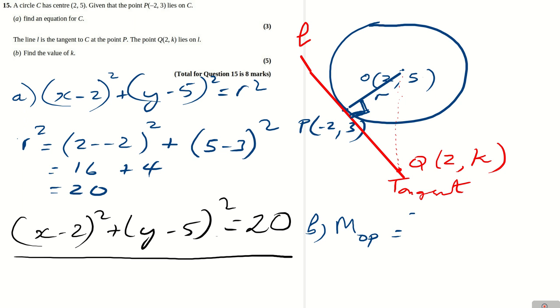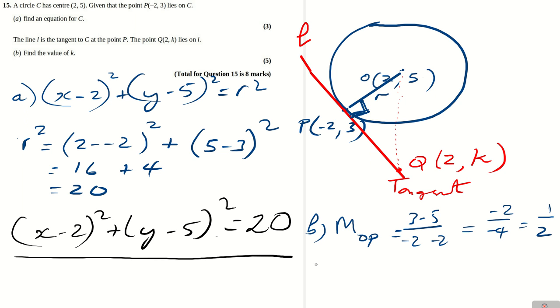So it will be (3 − 5)/(−2 − 2) = −2/−4 = 1/2. It doesn't matter whether we do it from O to P or from P to O. The important thing is that it's sloping up to the right, in other words, the gradient is positive.